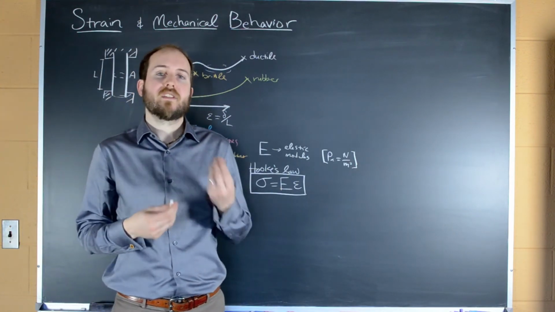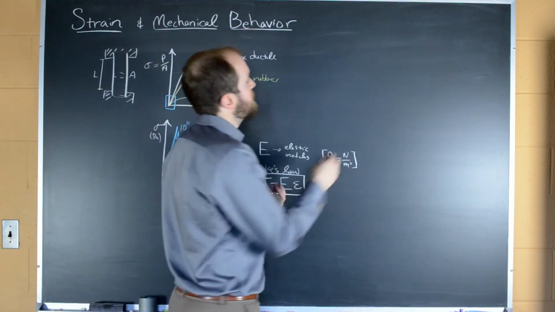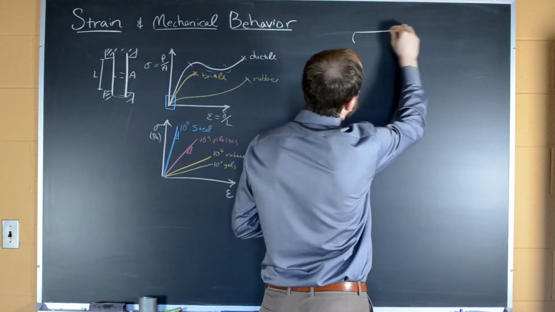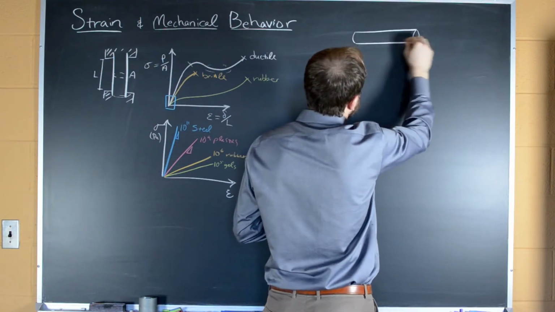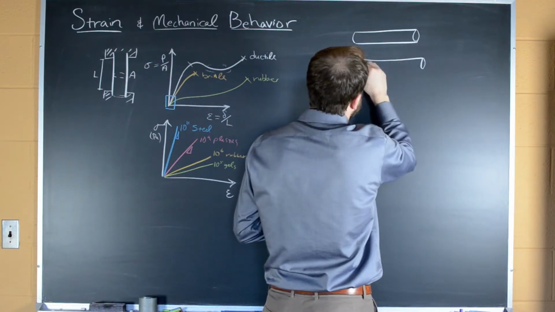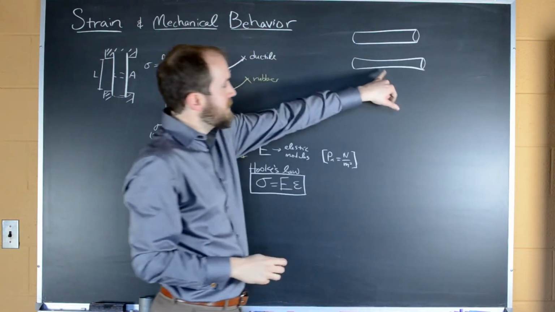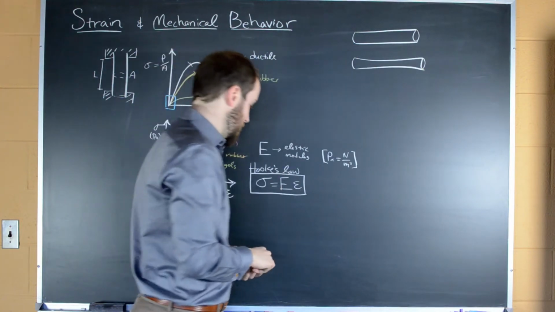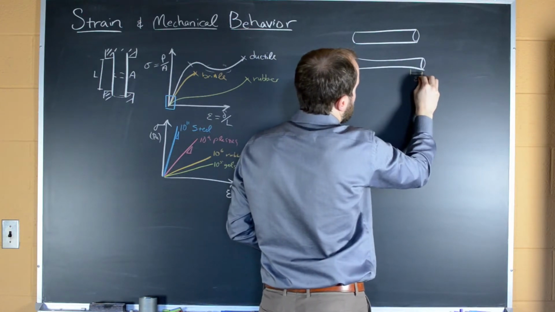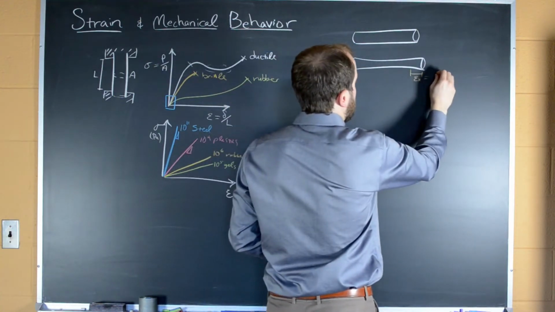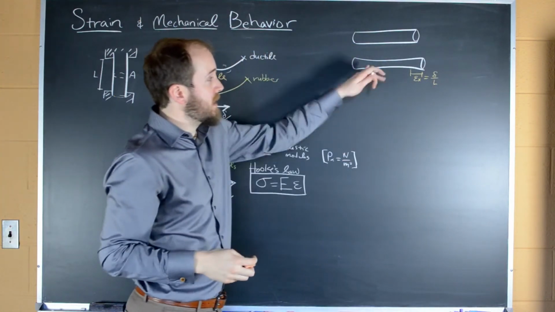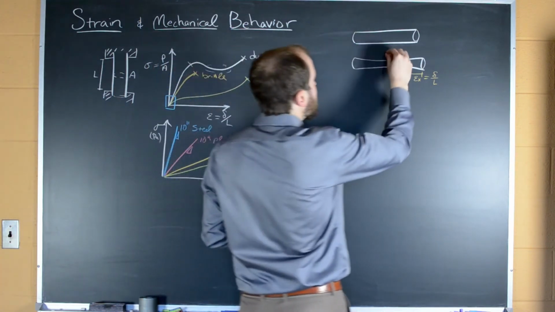And so what we're seeing here can be denoted by a ratio of two strains. So if we have an object that we pull on, in reality, its deformed state is going to look more like this, where we have some strain in the x direction, which is given by the delta in the x direction over L. And so in this case, that strain's positive because it's gotten longer.